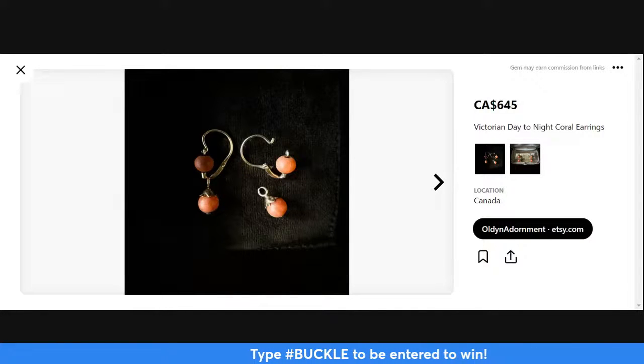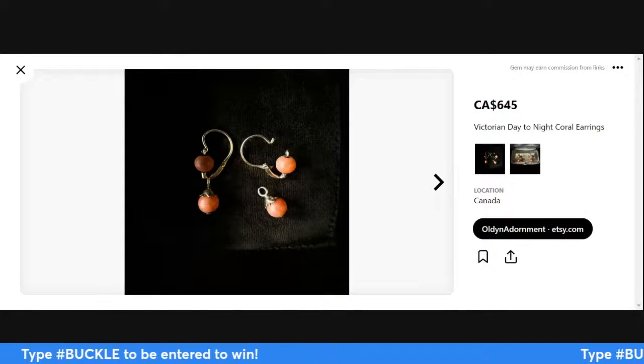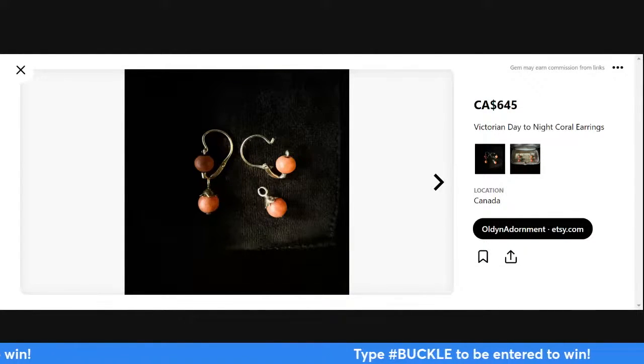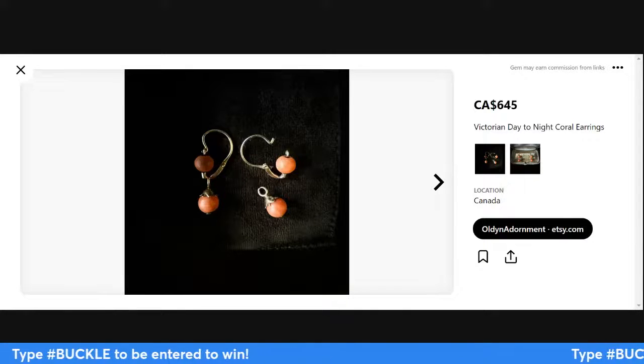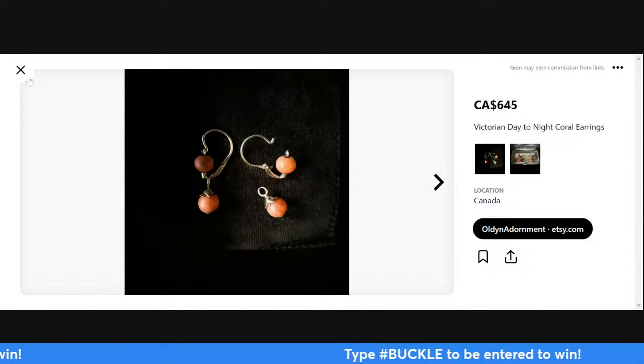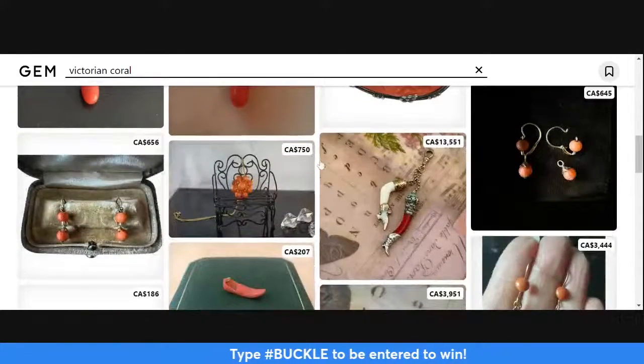And what makes them day and night earrings is that there's an additional piece that you can suspend from it. And the idea is during the day, you'd wear something more subtle, and during the night, you would wear the added suspended dangle. These are like a reverse lever back almost. Fascinating. All right. I am going to keep going. Let's see what else we can find.